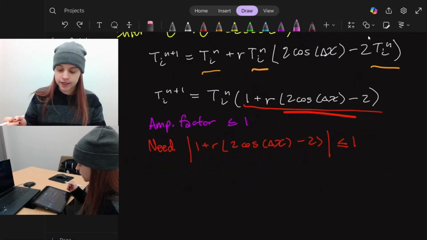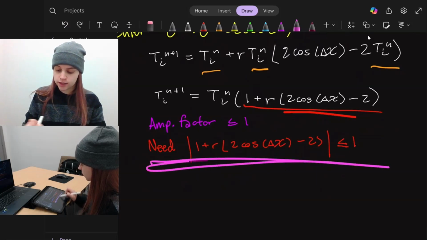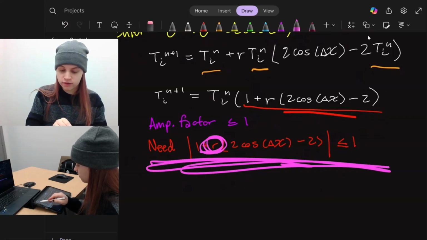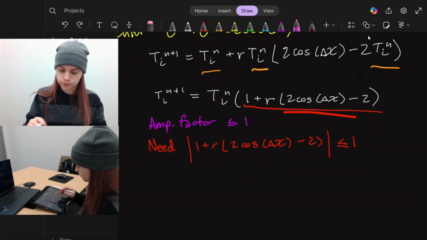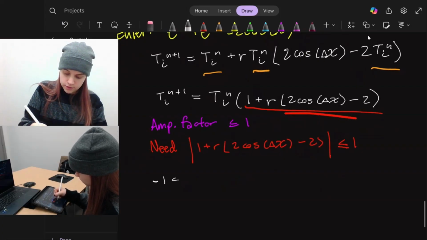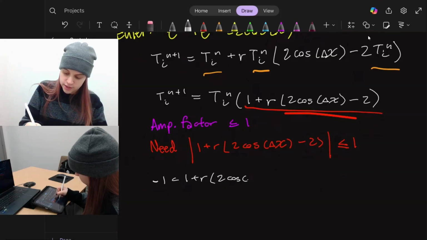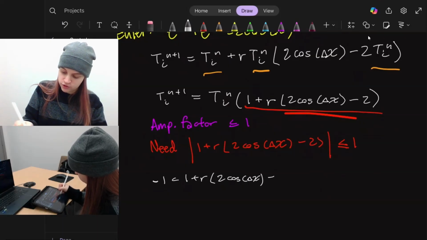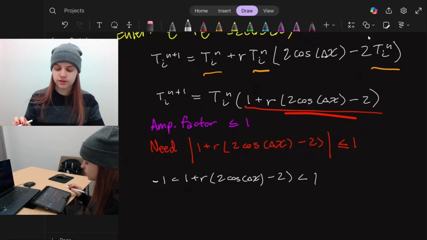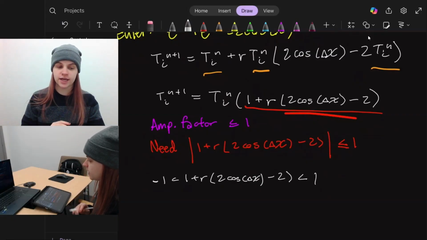What we want to find is to solve for this right here and find what r value will cause the instability. So I'll write this as -1 is less than 1 plus r times 2 cosine delta x minus 2. That is what I said with these absolute value signs; I just rewrote it down there like that.